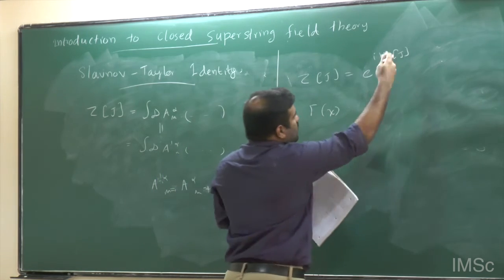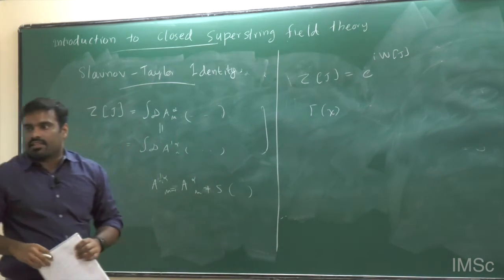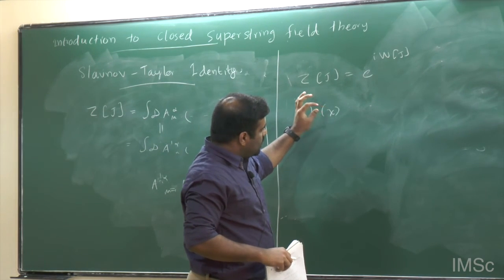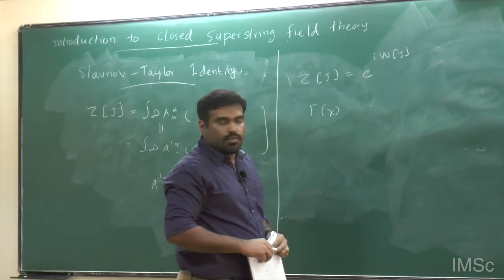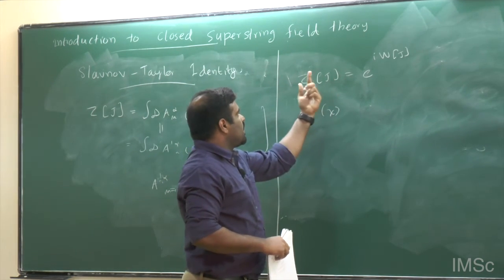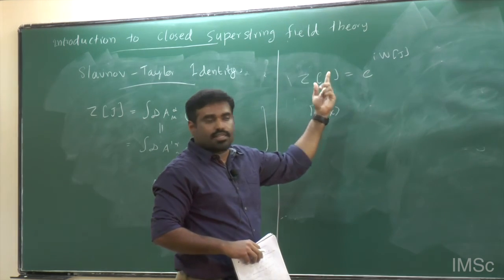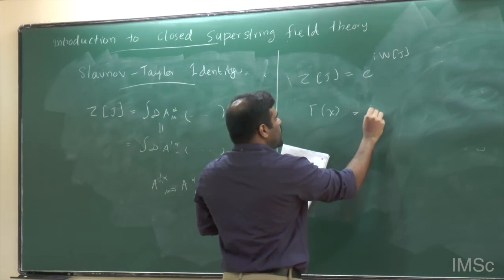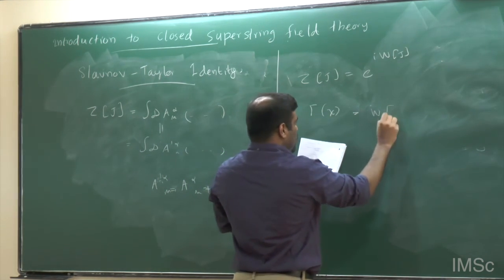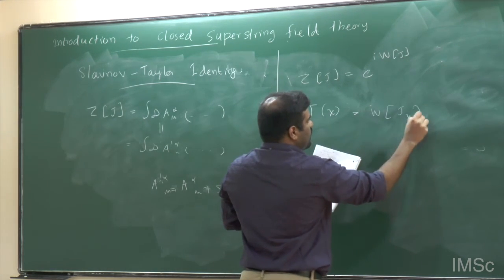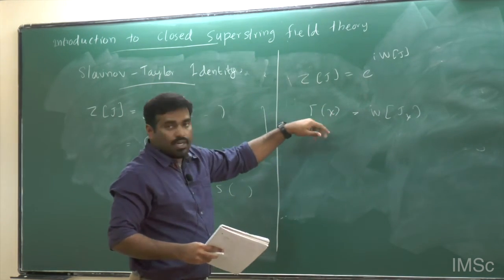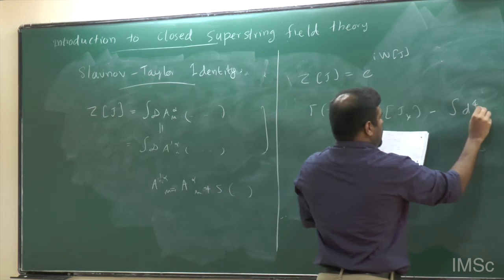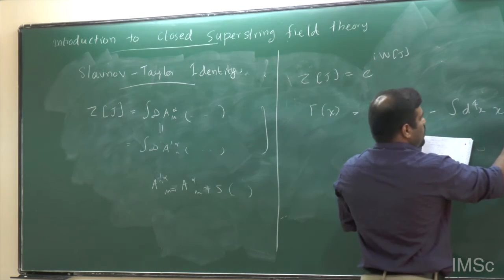We know that J are sources for fundamental fields in the theory, and I denoted the fundamental fields by the notation chi. What you have to do is somehow get rid of the source term. So you do a Legendre transformation and then obtain the effective action gamma chi, and the precise relation between W and gamma is as follows. You have W_J, minus the integral d4x chi and J_n chi.